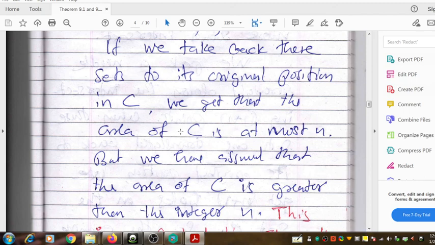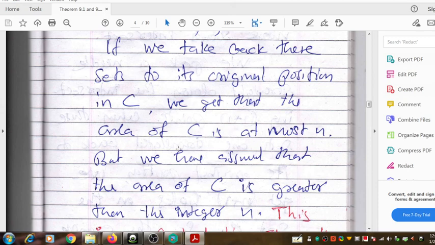That is the fact we accepted in the statement of the theorem.